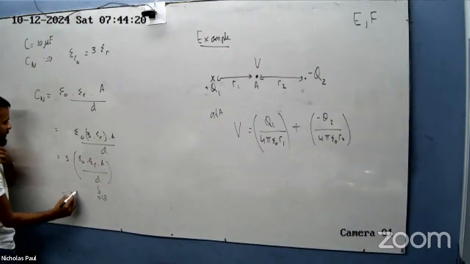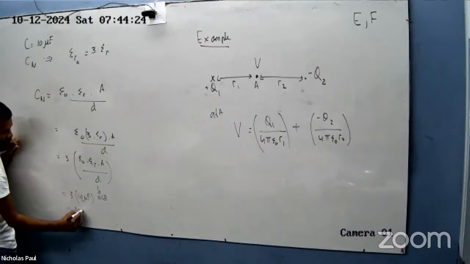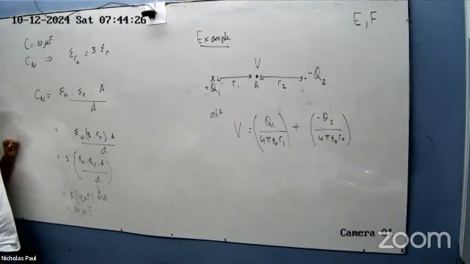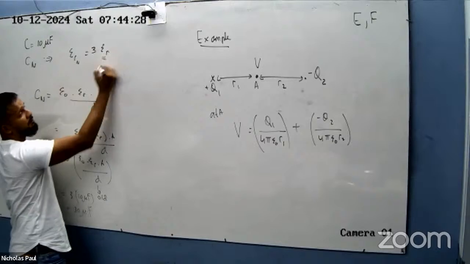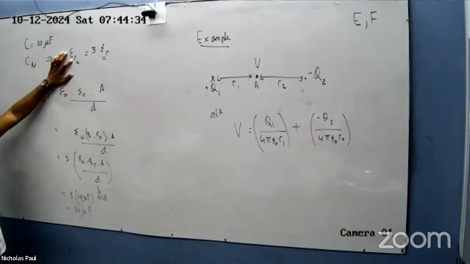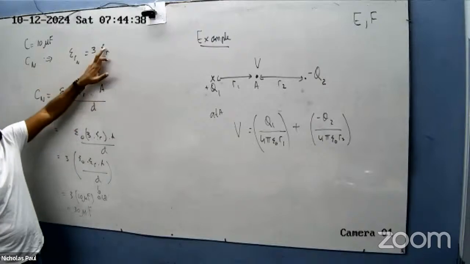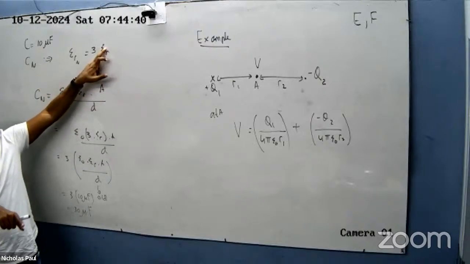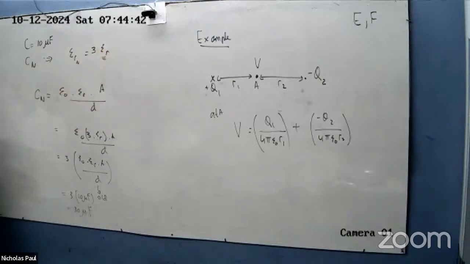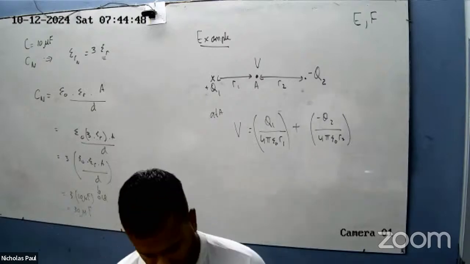So it will be 3 times 10 microfarads, which is what you were saying, 30 microfarads. So the new permittivity was 3 times the old one. I left out the last thing. That question mark is supposed to be mu r. So that's the way I wrote it out. Sorry.